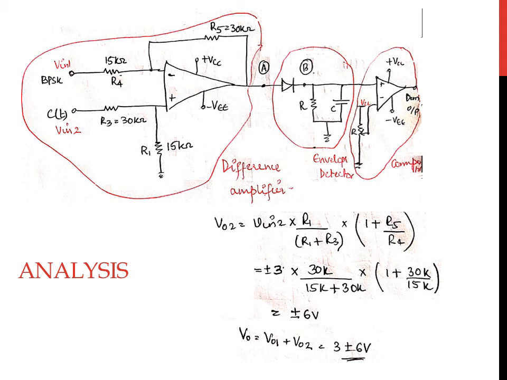The non-inverting comparator will give a saturated value. This saturated value, like the case of the ASK, will have a value of 28 volt peak to peak, given you use a UA741 op-amp with a dual supply of plus or minus 15 volts.